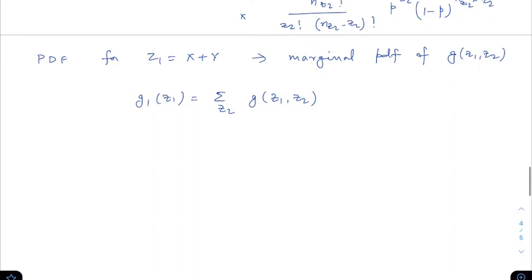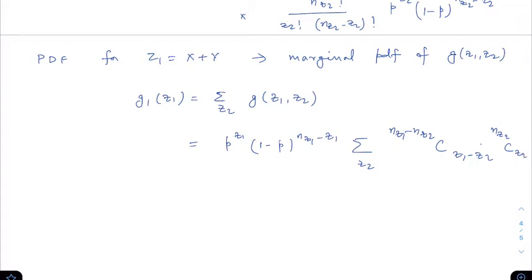Now this can be written as... we use the symbol for the number of combinations.